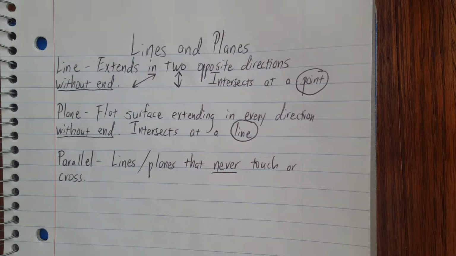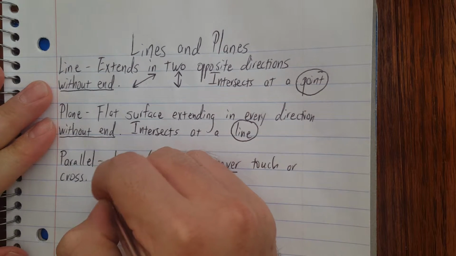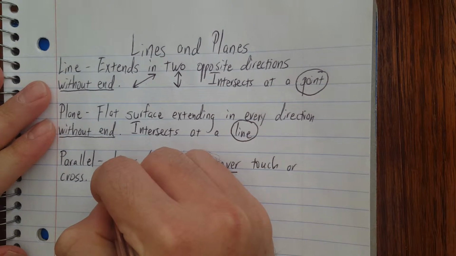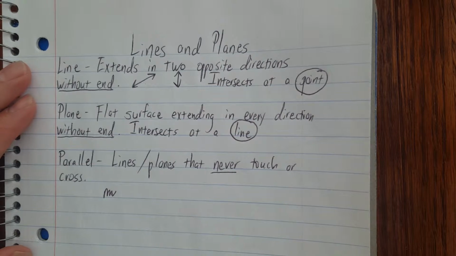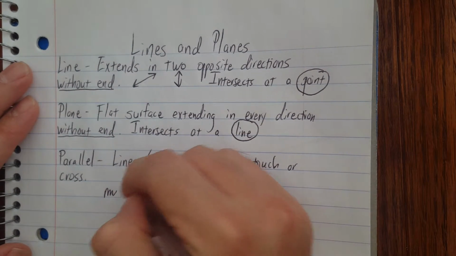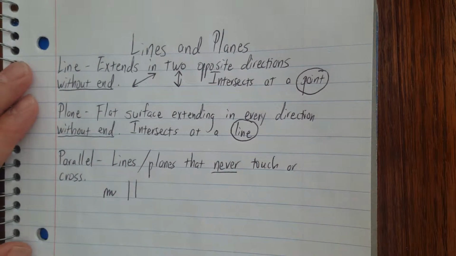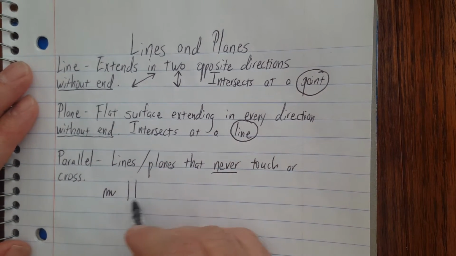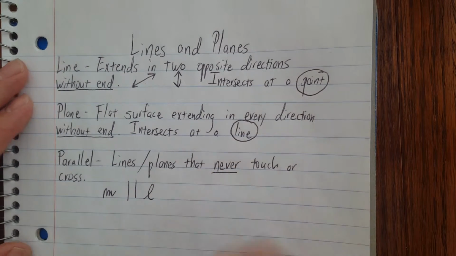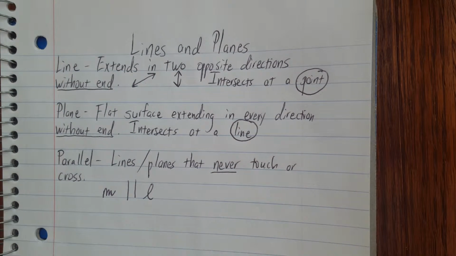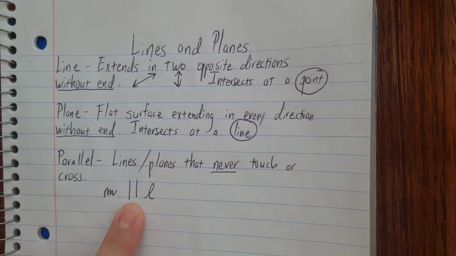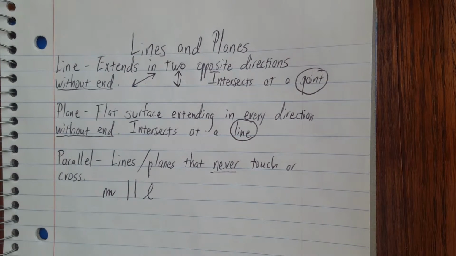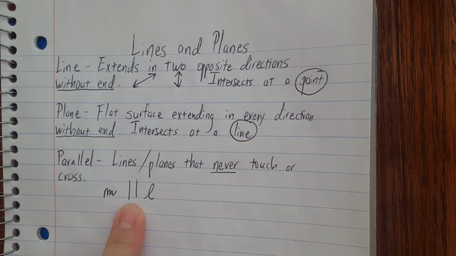So if you ever see, say, line M, in cursive, and then something that looks almost like an 11 between them, that's the symbol for parallel right here. So line M maybe is parallel to line L. And that's really a compact way in geometry and math that you can describe parallel without actually writing the words out. There's a lot of things in math and geometry where people take shortcuts and they invent weird symbols, and this is another one of those times.